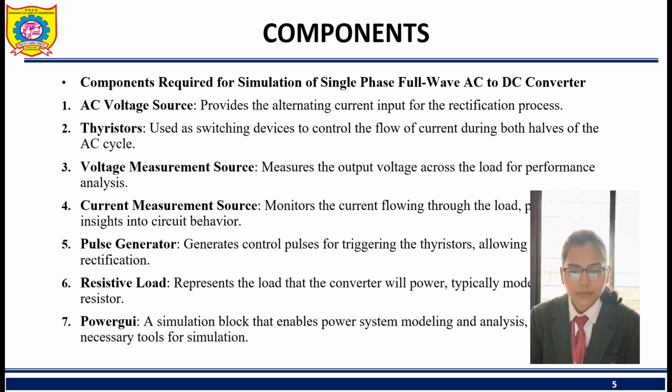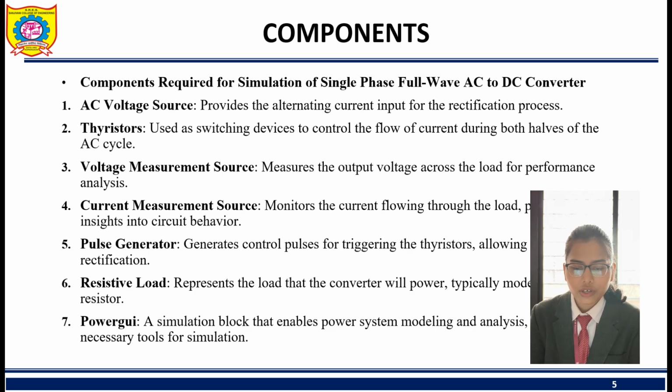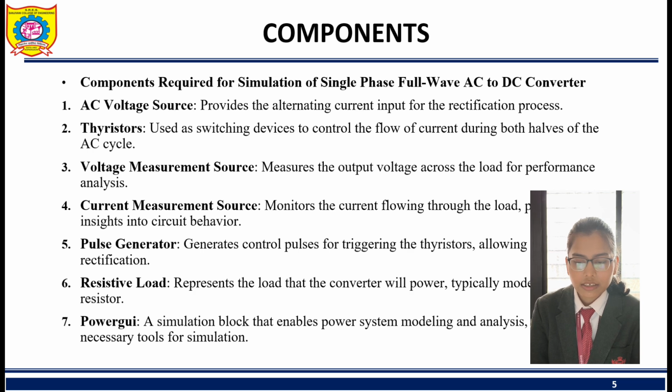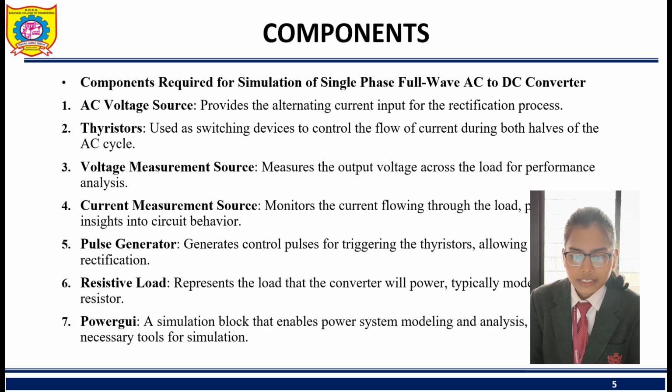Next, we are going to see the components required in the simulation. The components required for simulation of single phase full wave AC to DC converters are: first one is the AC voltage source. It provides the alternating current input for the rectification process. Second, the thyristor, used as switching devices to control the flow of current during both halves of the AC cycle.